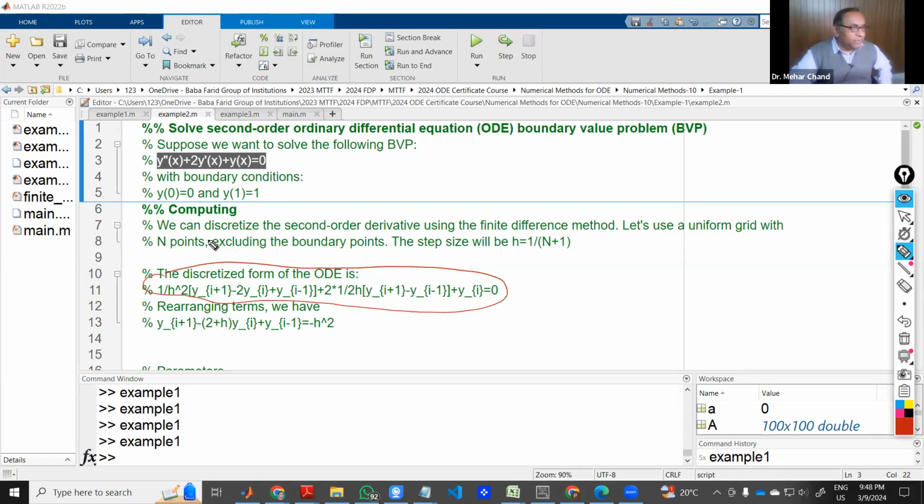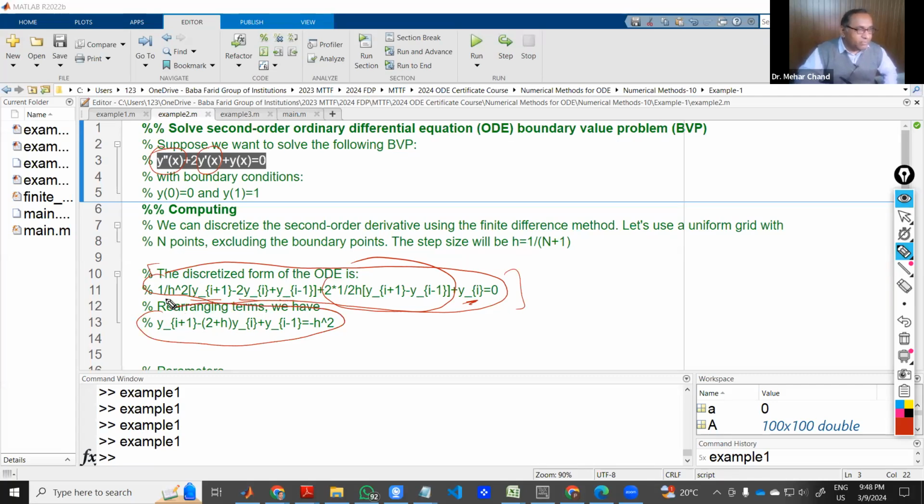This will be 1 upon h squared, times y_{i+1} minus 2y_i plus y_{i-1}, which corresponds to y double dash. For y dash x, we again use the central difference, which is 1 upon 2h times y_{i+1} minus y_{i-1}, and this is y_i. After simplifying, the expression will be reduced to this form.